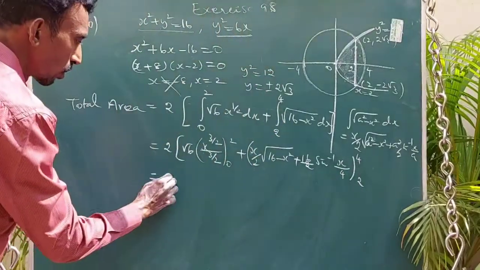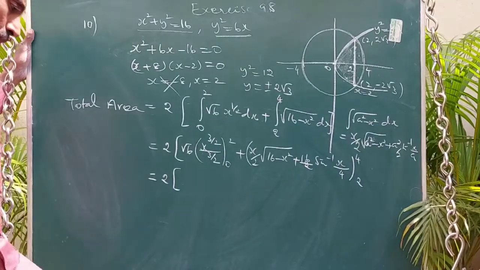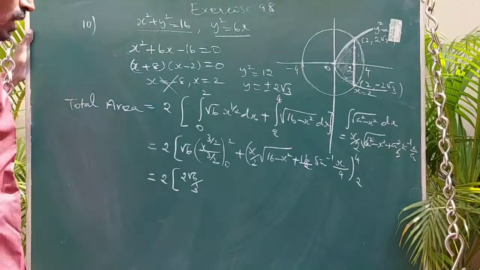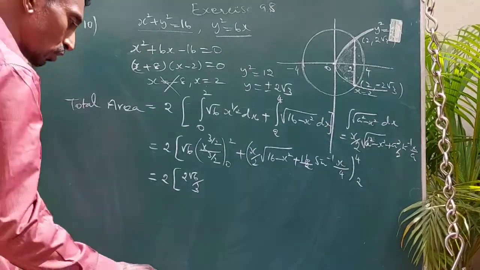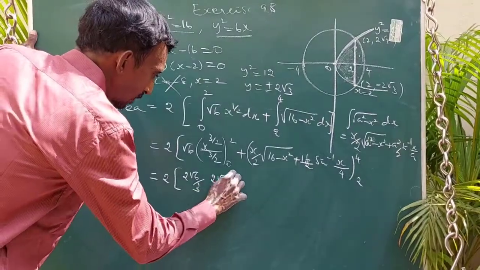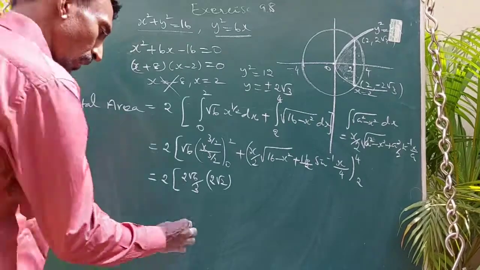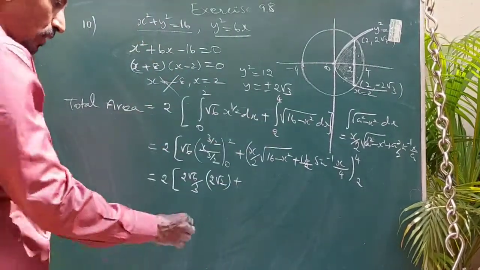So 2 into it goes to the numerator, so 2 root 6 by 3. First put the upper limit, 2 power 3 by 2 is 2 root 2, minus the lower limit 0, that is not needed, so 2 root 2, plus again put the upper limit, 4 by 2.